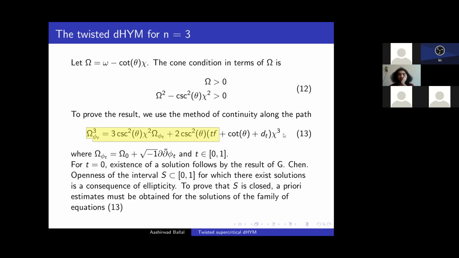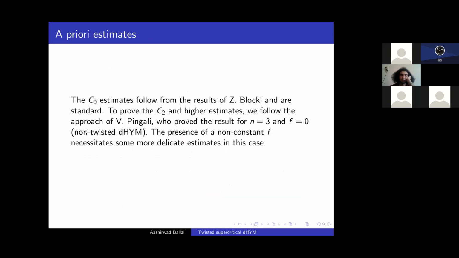We consider a continuity path, which looks something like this, and for this we follow the proof of Professor Vamshi.